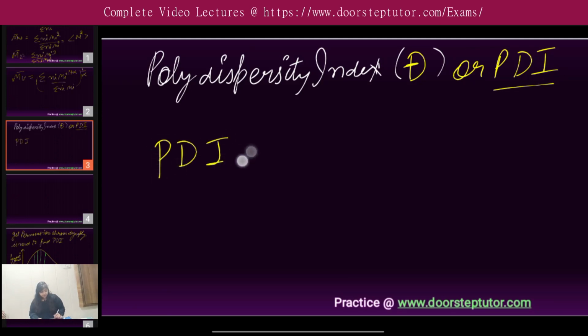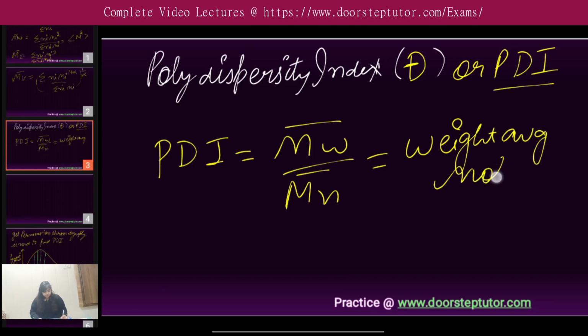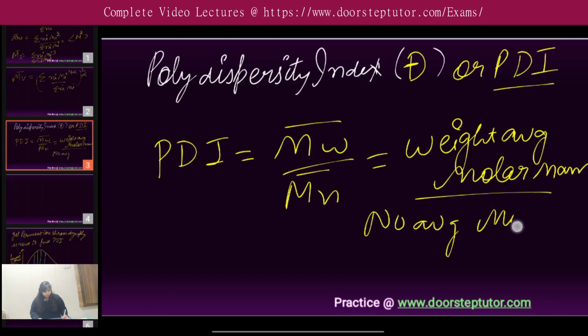This PDI we write as Mw upon Mn, where Mw is our weight average molar mass and Mn is our number average molar mass. So it is the ratio of weight average molar mass upon the number average molar mass.